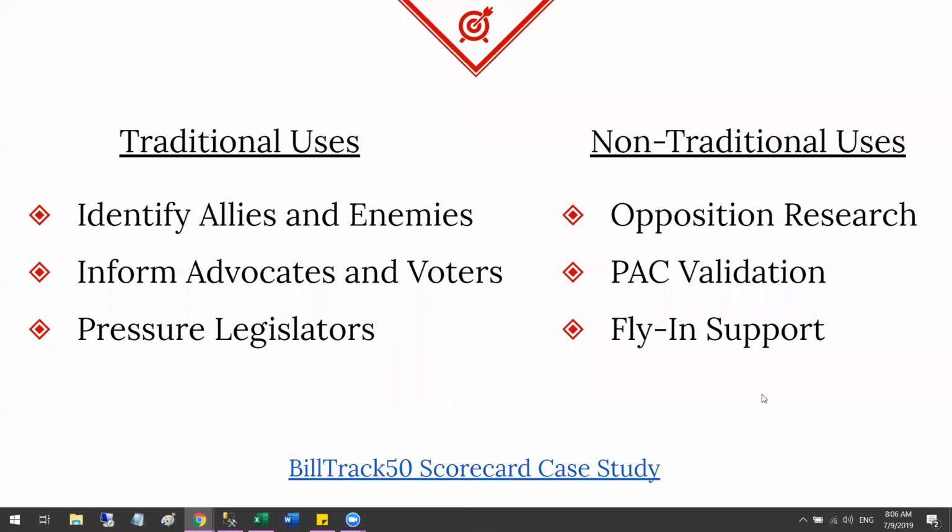Yeah, first I'd like to echo that pressuring legislators. I don't think that there is a more powerful advocacy tool out there, especially if you're a known organization, than scorecards. Legislators want to know where people stand, but they're still often not publicly accountable, and scorecards make sure legislators are publicly accountable.